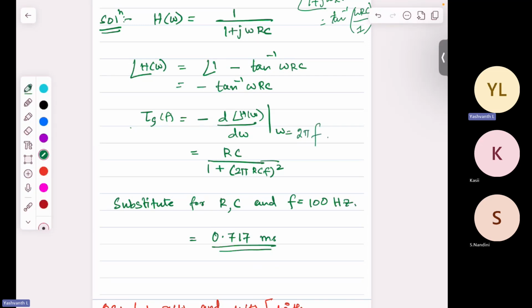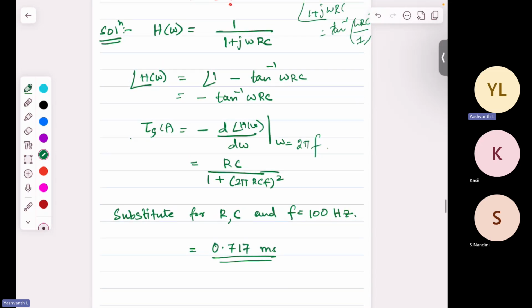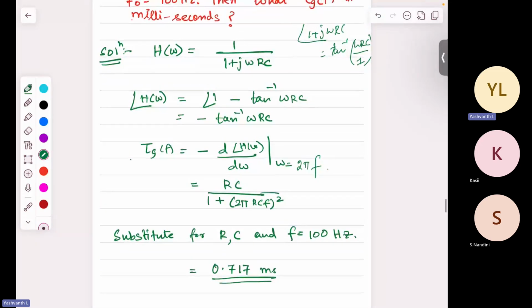Okay, is it clear? Yes, is this clear? Okay, I guess it's clear.